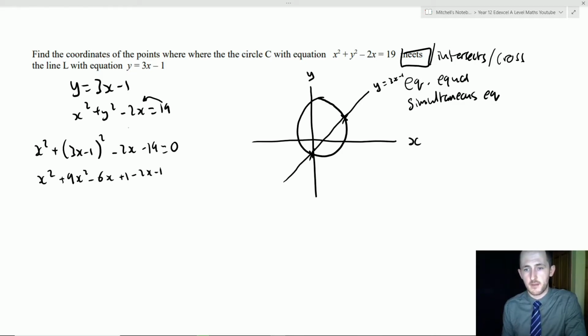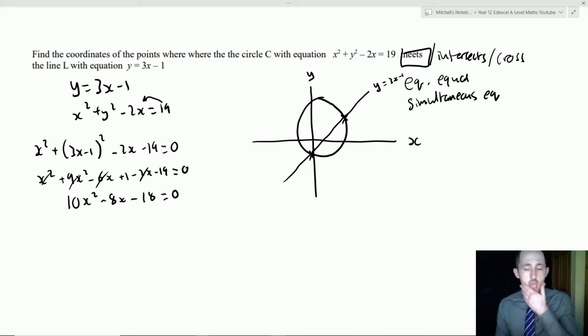Minus 2x minus 19 equals 0. The next thing is just to simply collect like terms. x squared plus 9x squared is 10x squared. Minus 6x, so again I like to cross them off as I do them. Minus 6x minus 2x is minus 8x. Plus 1 minus 19 is minus 18.